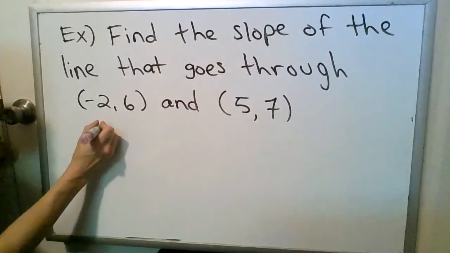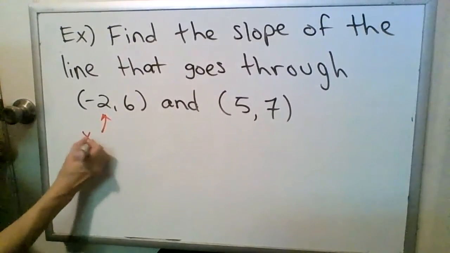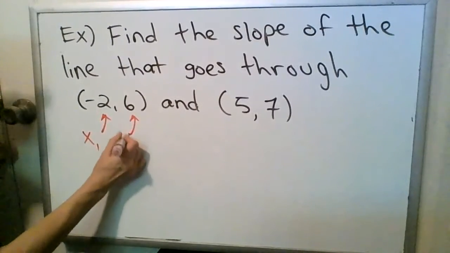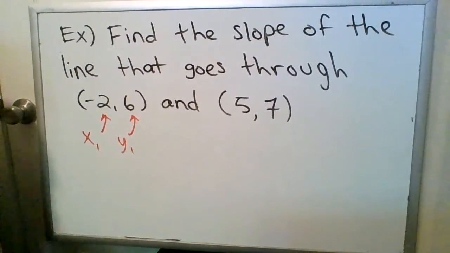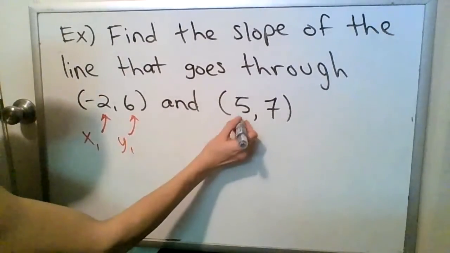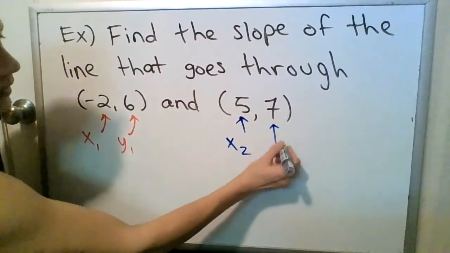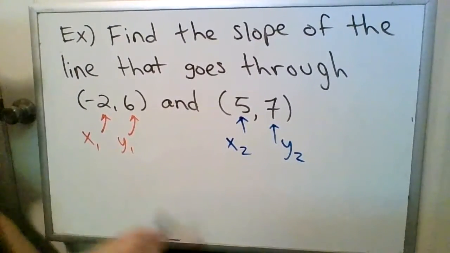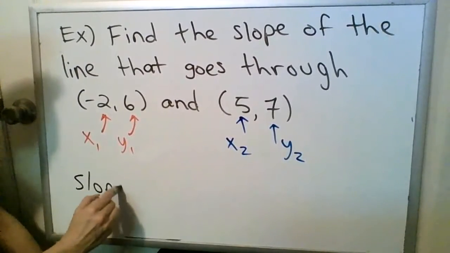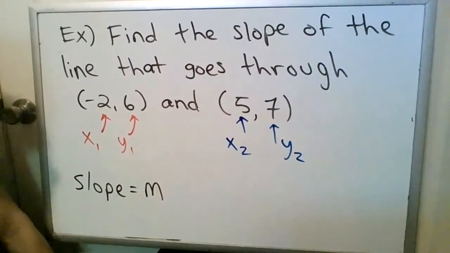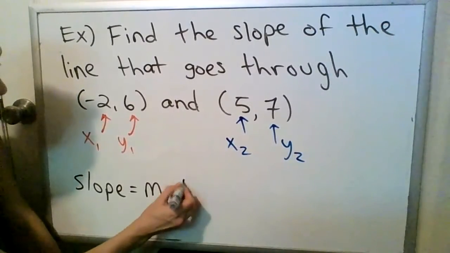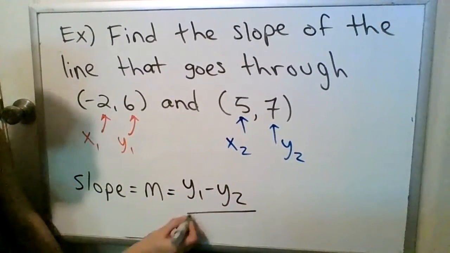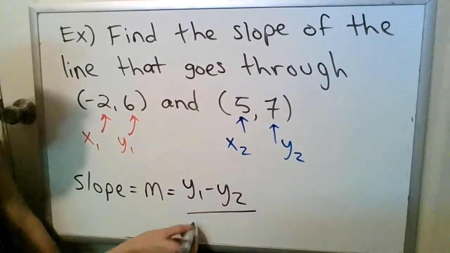I'm going to call this the first point, and this is my x1 value, and this is y1. And over here is going to be x2 sub 2. The slope is lowercase m, and we'll take y1 minus y2 divided by x1 minus x2.